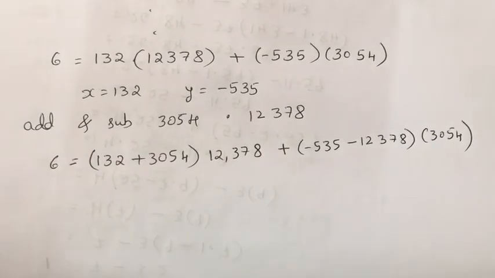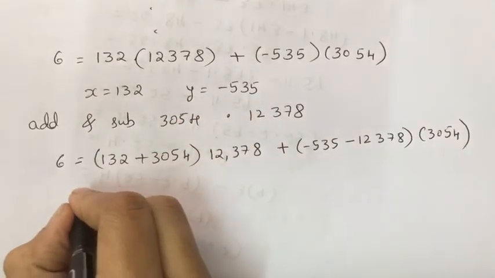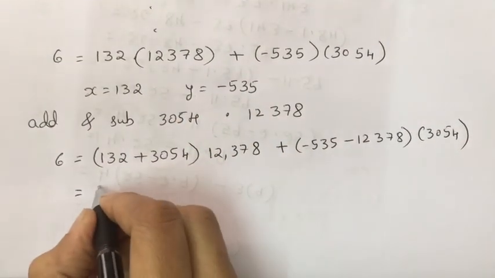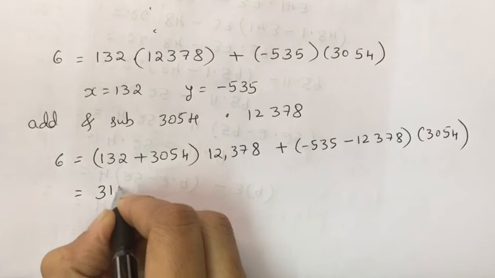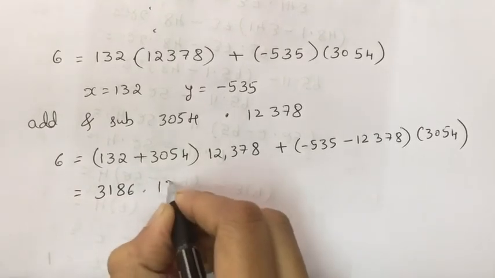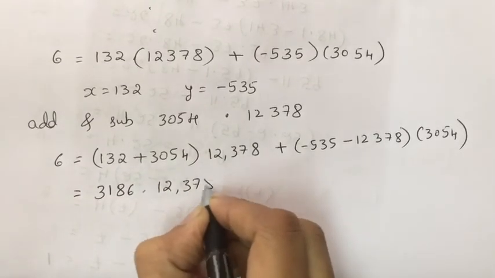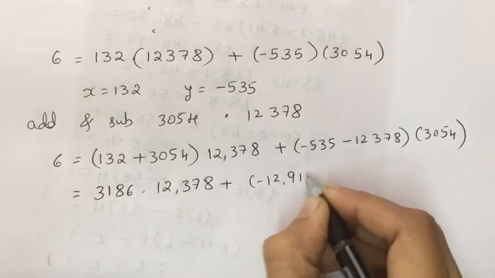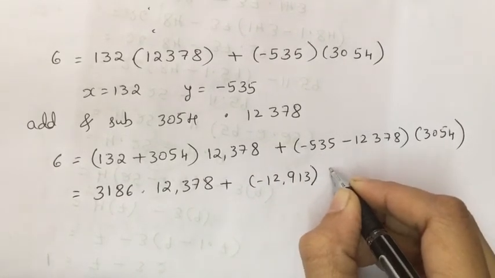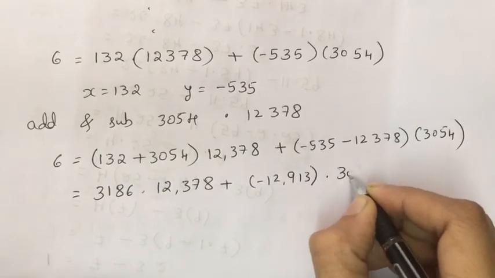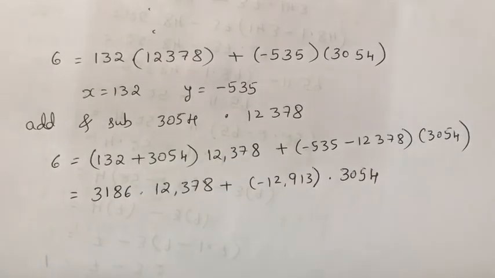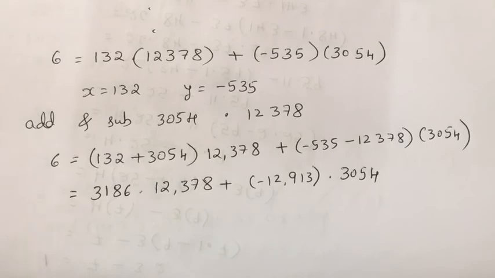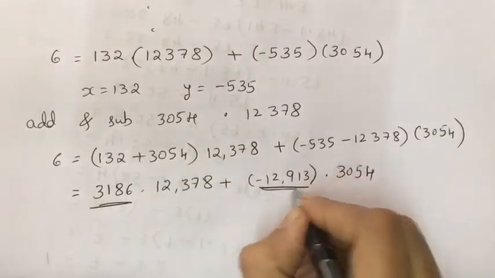I have already done the calculation, that's why I'm directly writing the numbers. You check with your answers. 3186 into 12,378 plus 12,913 into 3054. So thus you are getting another x and y.